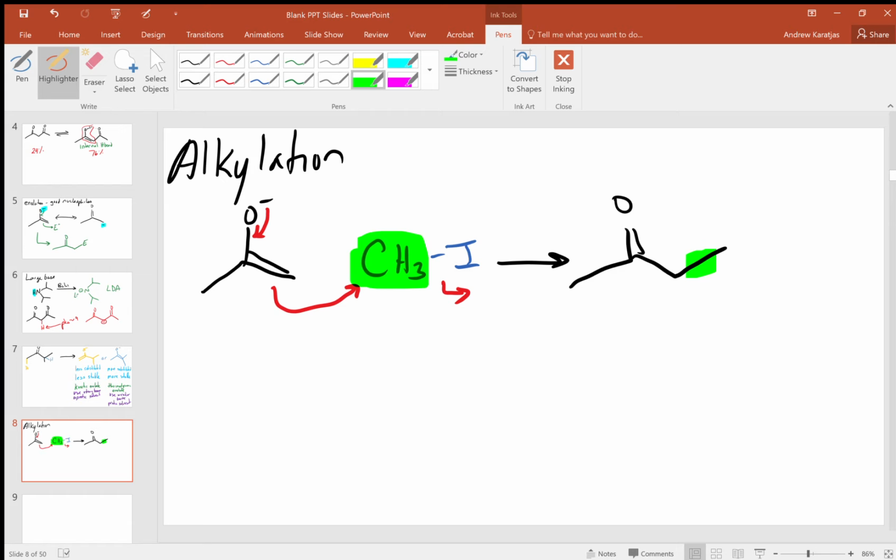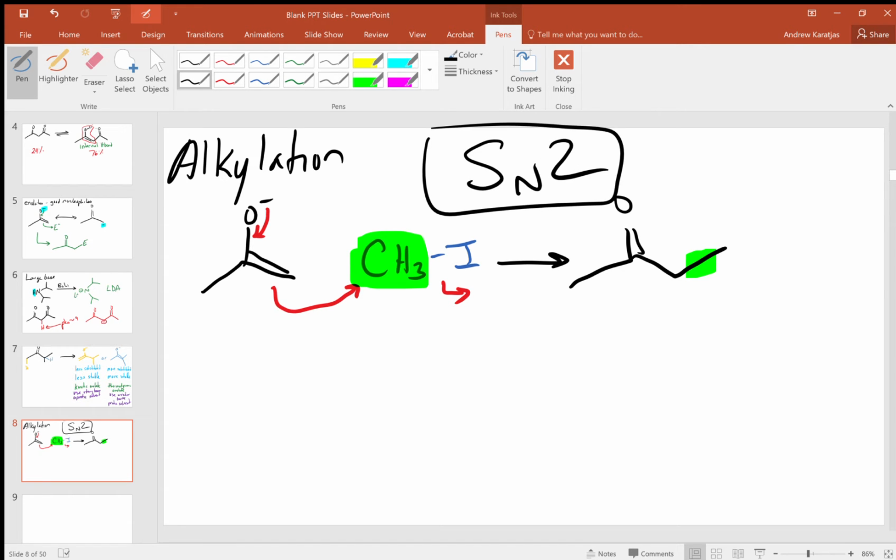Now when I say this should be a familiar reaction to us, what reaction is this? Well, this is just another example of an SN2 reaction. And so because of that, this reaction is subject to all of the same constraints that we've learned and talked about for SN2 reactions.